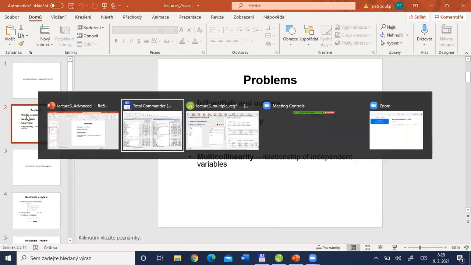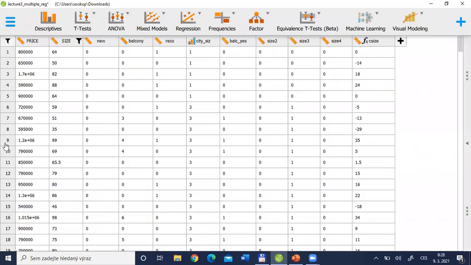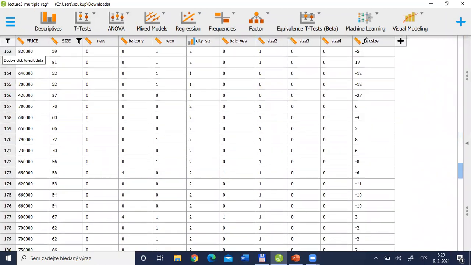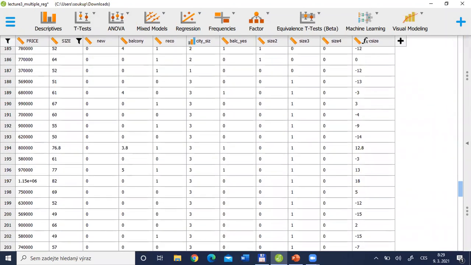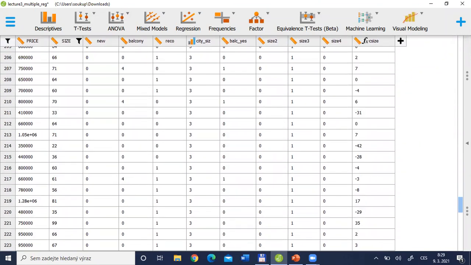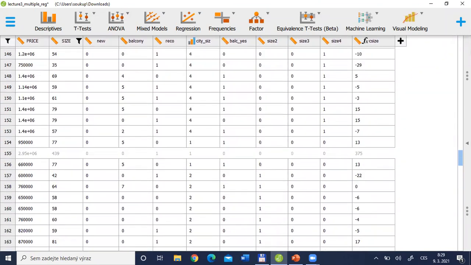I guess that you remember that if we go back into our data file, you are able to find some special flat with some big size. Here it is. It is the row number 155. It was the flat whose price was approximately 3 million Czech crowns, but the size was approximately 440 square meters.